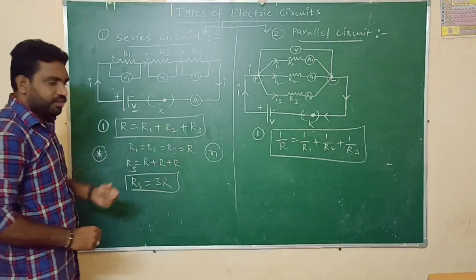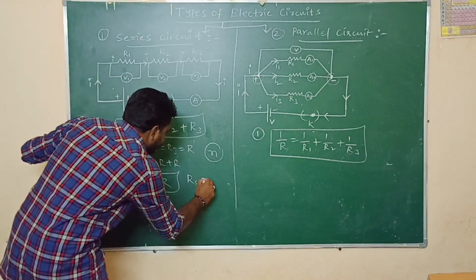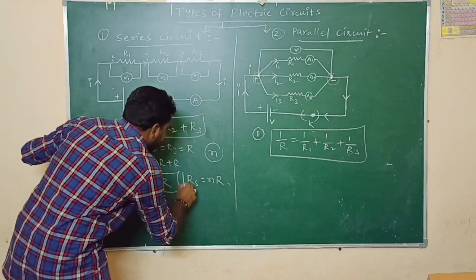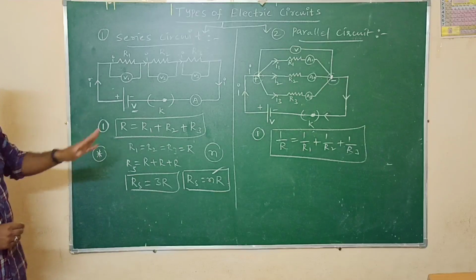When N number of resistors are connected in the circuit, it becomes Rs equals N R.